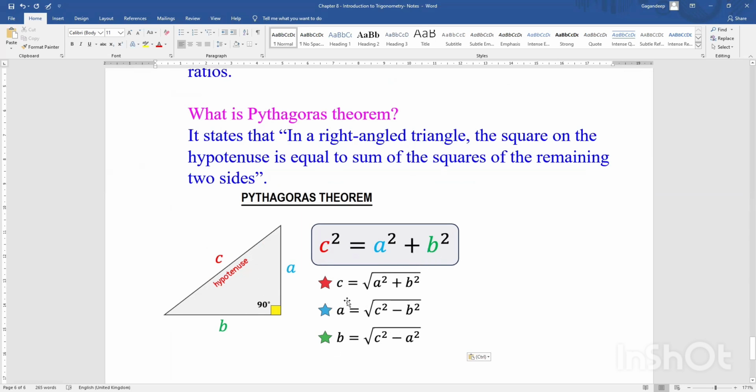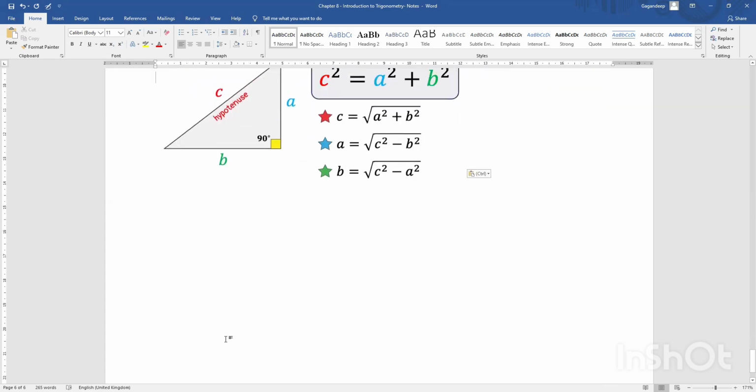Okay, so now if I want to find this hypotenuse, hypotenuse square will be equal to the sum of the squares of the remaining two sides, that is a square plus b square. Okay.